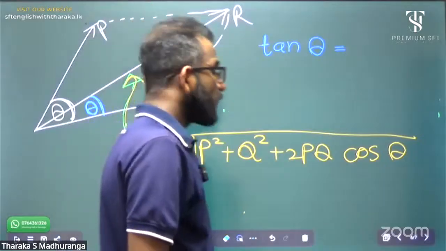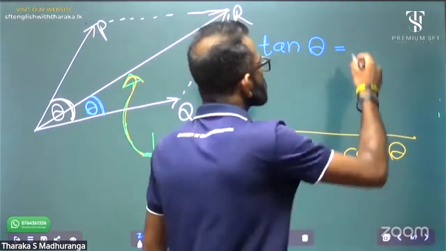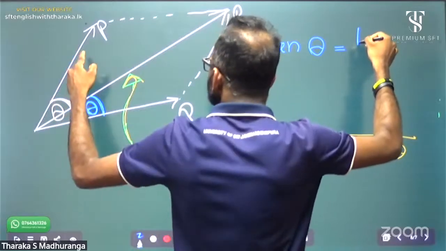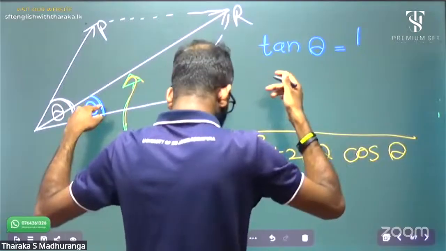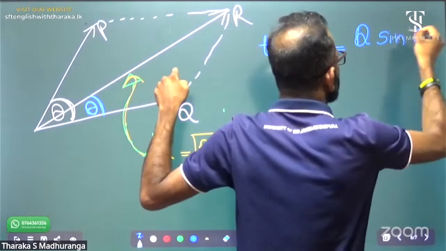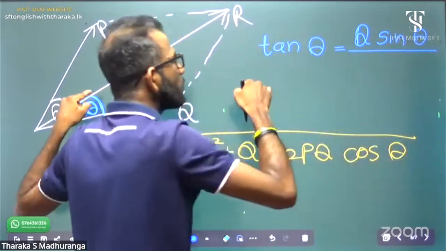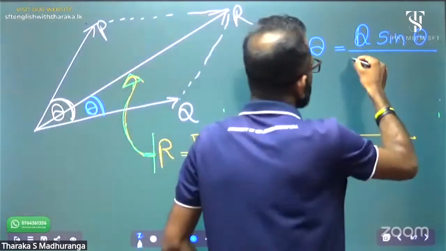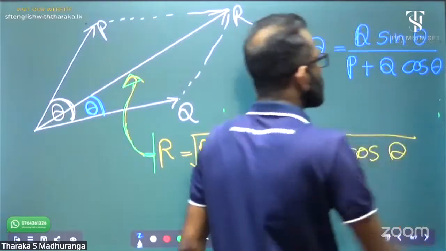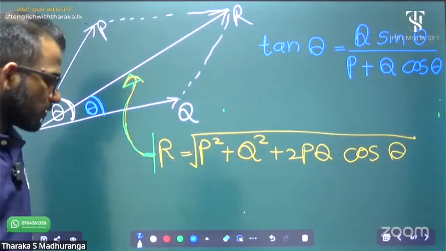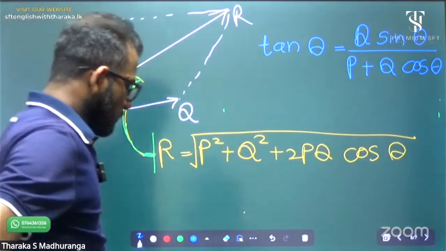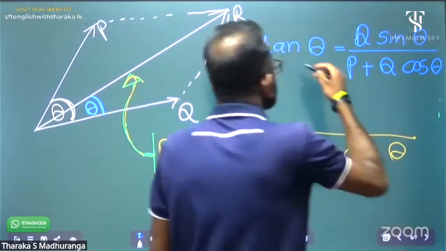Yeah, tan theta equal Q sine theta divided by P plus Q cos theta. Okay, this is the equation.